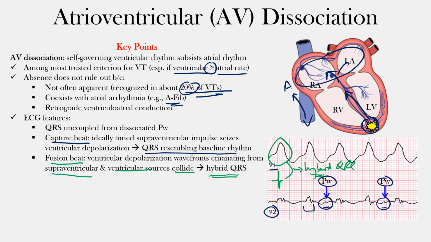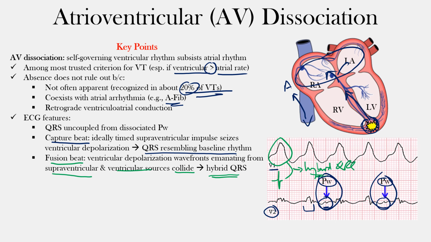Now, the EKG features you want to look for are the QRS uncoupled from the dissociated P waves, as we saw in this EKG. You can also look for capture and fusion beats. Remember that capture beats are when you have an ideally timed supraventricular impulse that seizes ventricular depolarization, and you get a QRS that looks like the patient's baseline EKG.